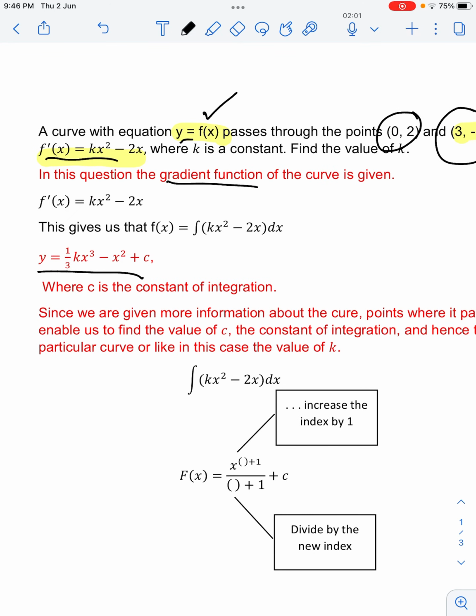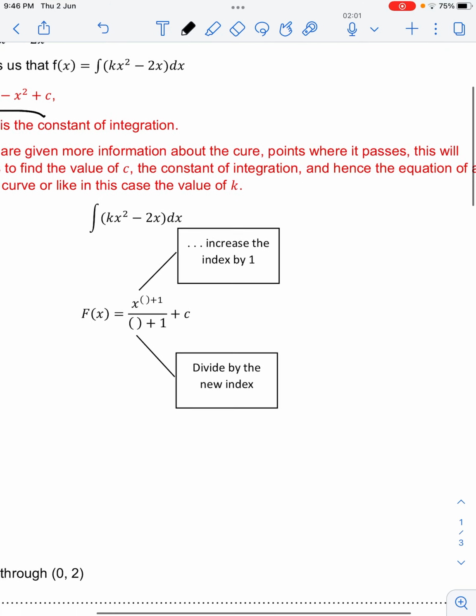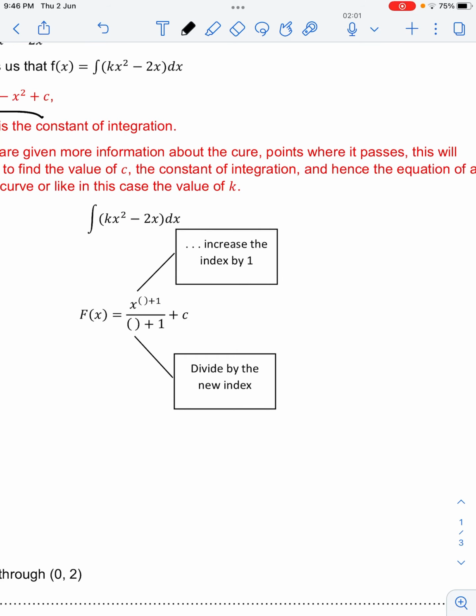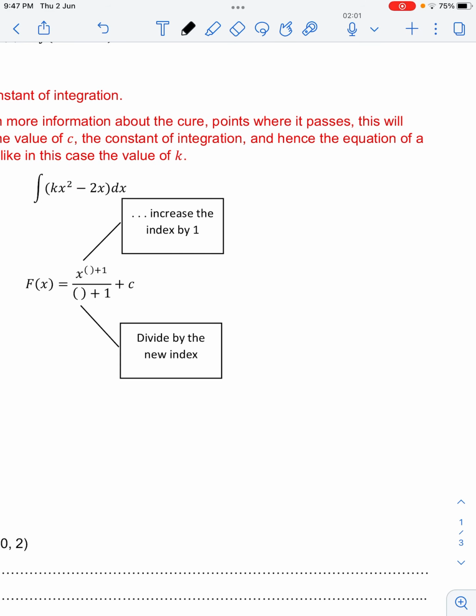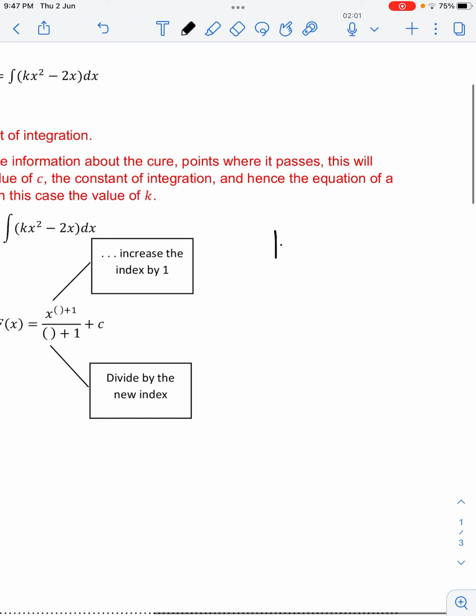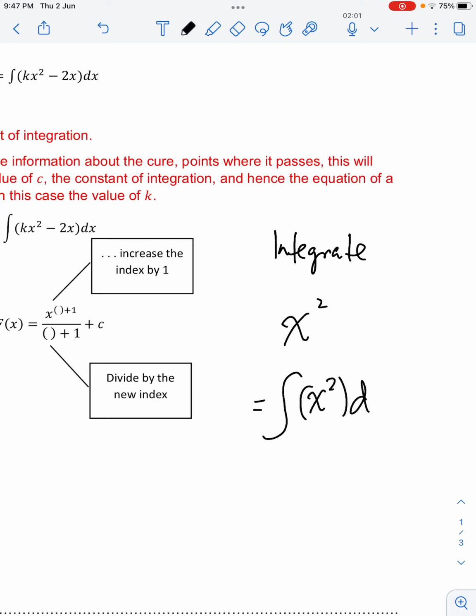I already showed you how this is done, but under here I have got the basic rules. Say, for example, you are asked to integrate something like x squared with respect to x. The way you do that is you add 1 to that power, like what I've indicated here.